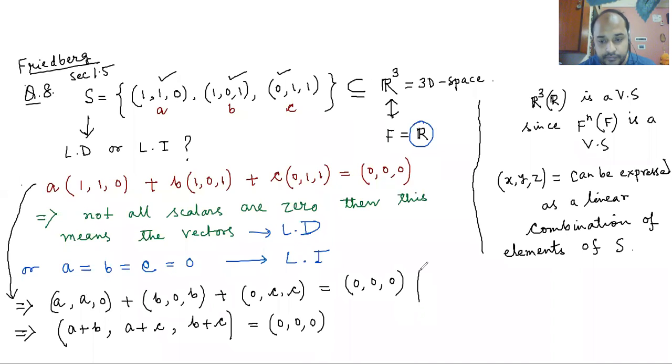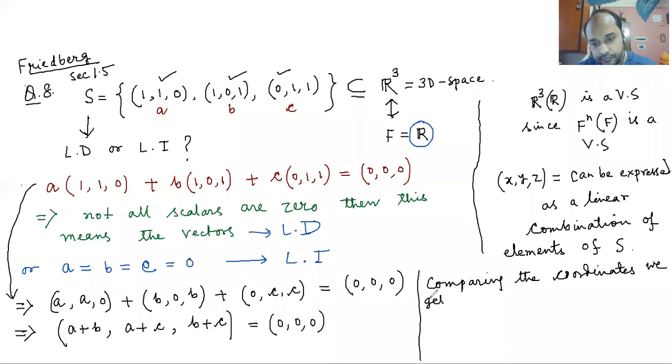Now if I compare the individual coordinates from both sides, we get a plus b is equal to 0, a plus c is equal to 0, b plus c is equal to 0.